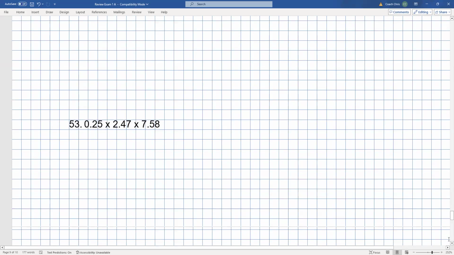All right, 53, you have 0.25 multiplied by 2.47 multiplied by 7.58. All right, if they don't tell you anything, once again, the way you do that, 0.25 multiply 2.47 multiply by 7.58. All right, if they don't tell you anything, go ahead and record the entire answer.